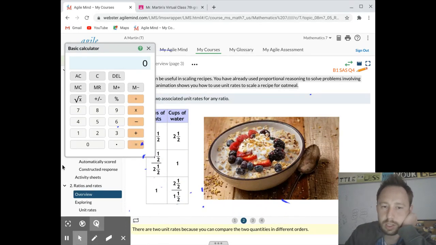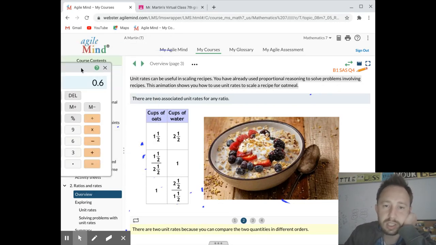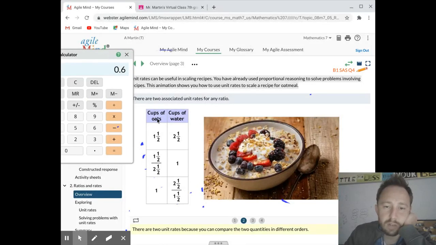All right, so we're going to put this in the calculator. 1.5 divided by 2.5. So we get 6/10. So 6/10 of oats to 1 cup of water. So if you put in 6/10 of oats, you're going to use 1 whole cup of water, is what that's saying.